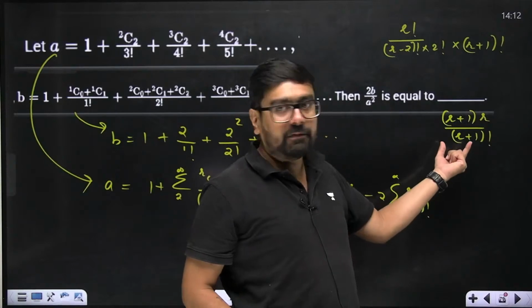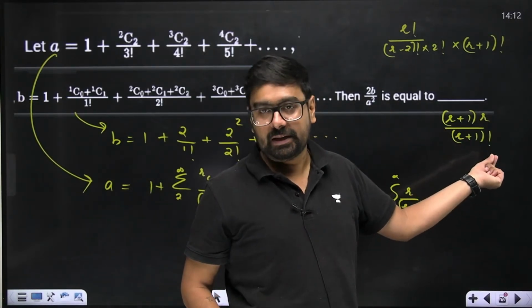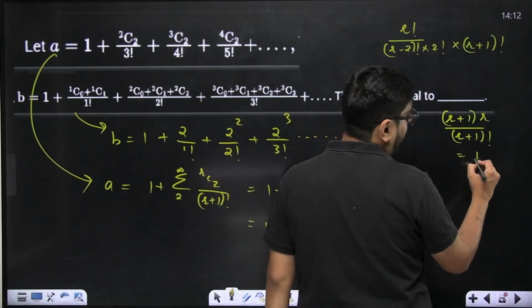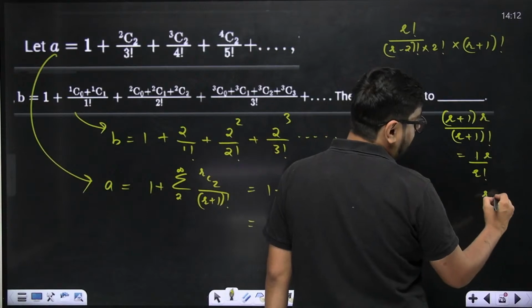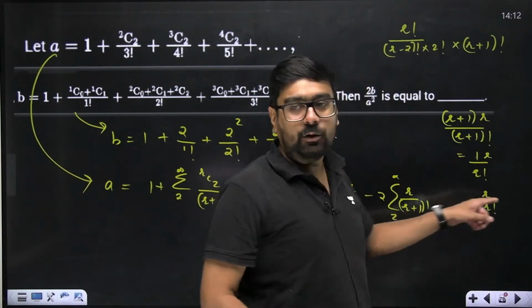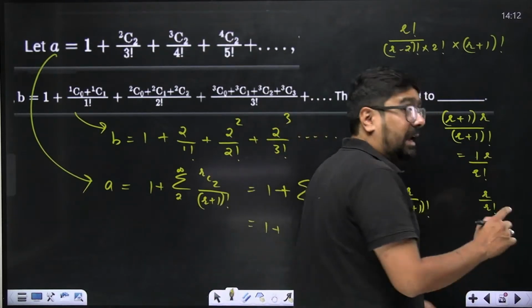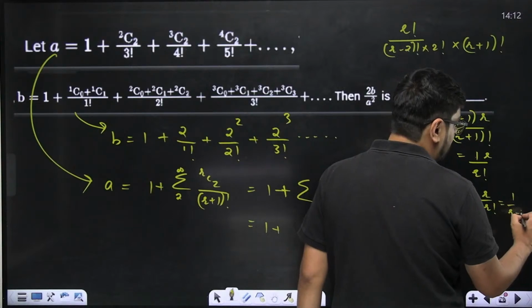Because r plus 1 factorial I can write as r plus 1 into r factorial. So r plus 1 into r factorial, this will become 1 divided by r factorial into r. Now r divided by r factorial will be what? R factorial is r into r minus 1. So this will be r into r minus 1 factorial. So this will be nothing but 1 by r minus 1 factorial.